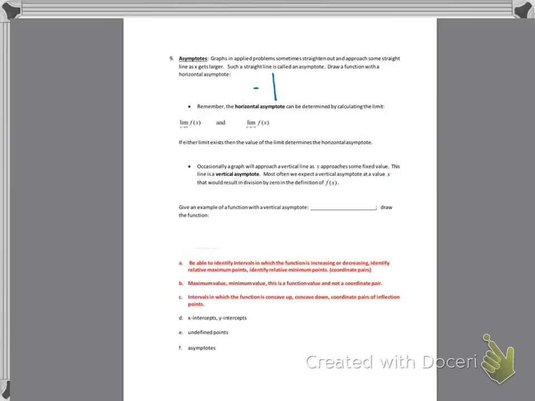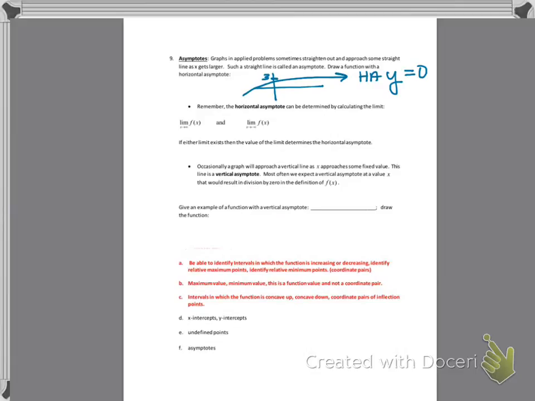So if this is my function, I can see that it's going to approach a horizontal asymptote. So my horizontal asymptote is where y equals 3. So it has to be a y equals equation because it's a horizontal line.